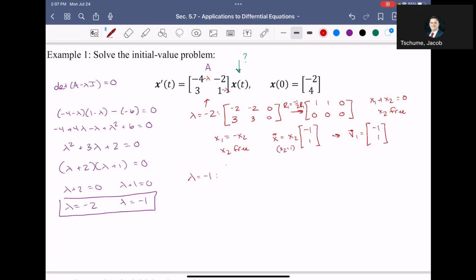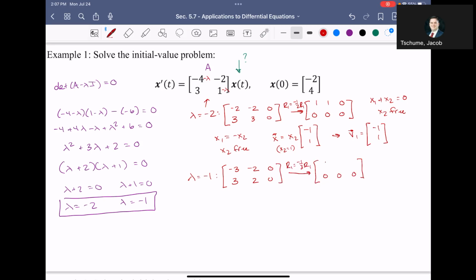So if lambda is -1 and I plug that into my A minus lambda I, this will become -3, -2, 3, 2, 0, 0. Once again, your two rows are multiples, so the bottommost row goes to all zeros. And I'm going to take row 1 and this time multiply everything by -1/3.